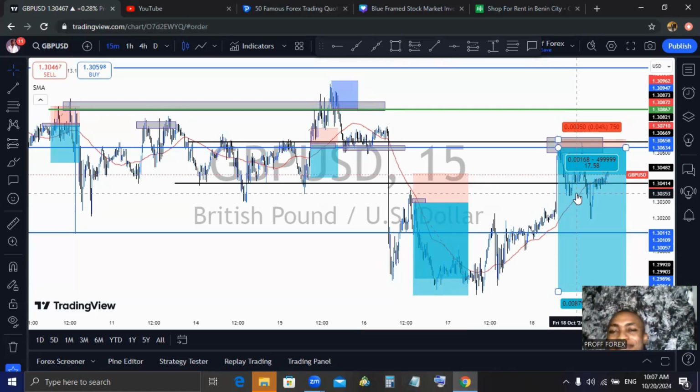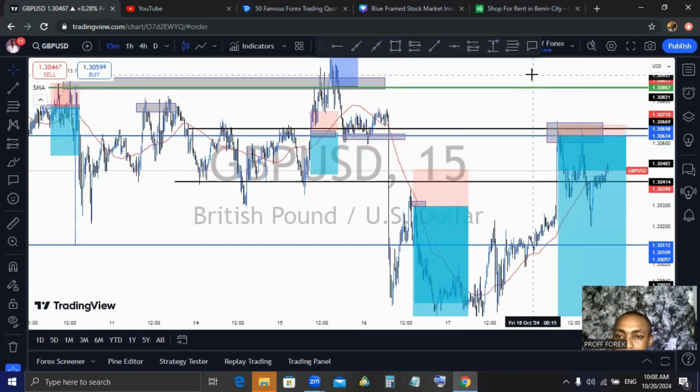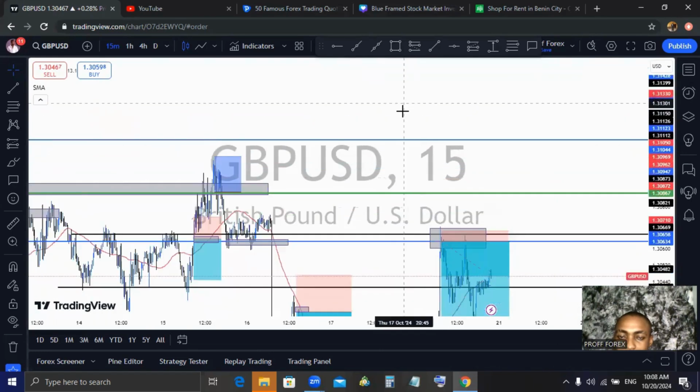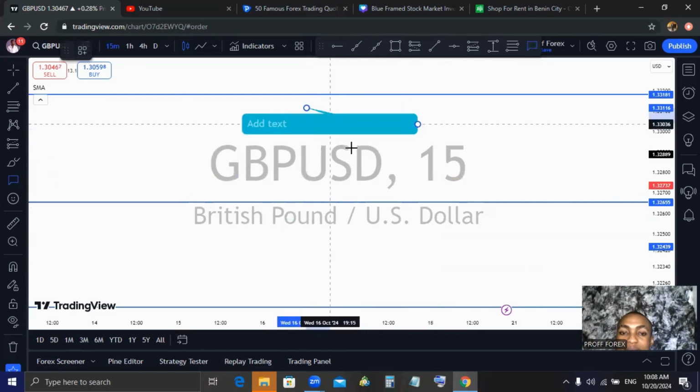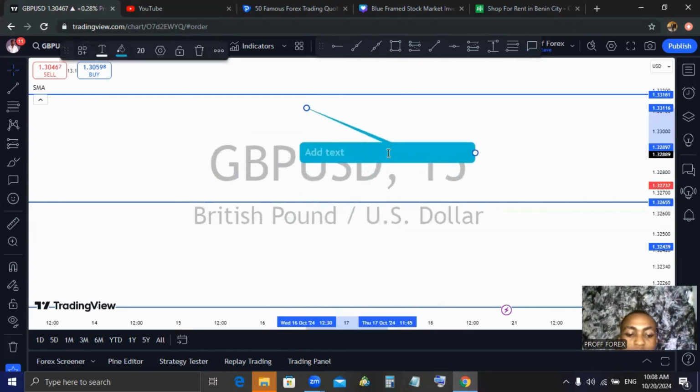What are we expecting for the week? I've not checked the fundamentals. Let us not forget at the back of our mind that the US general election is coming up on the 5th of November between President Donald J. Trump and Kamala Harris, former Vice President to Joe Biden.